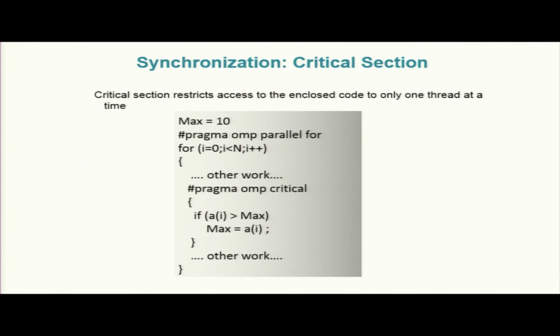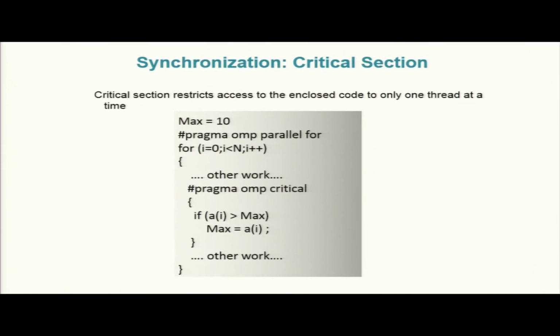So how can we do this? We can use a critical section. A critical section is a synchronization construct, and what it provides is exclusive access to one thread at a time. Whatever region we specify under a critical section, only one thread will execute it at a time. No two threads will execute it at the same time.